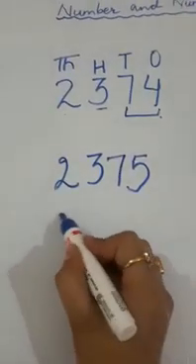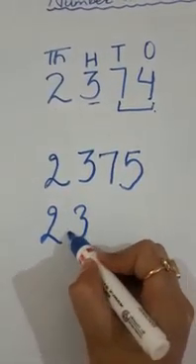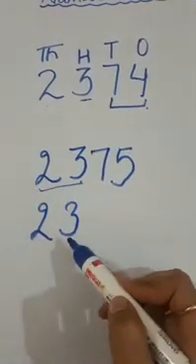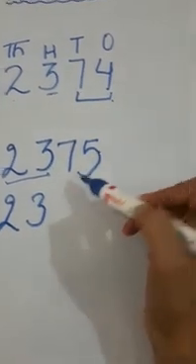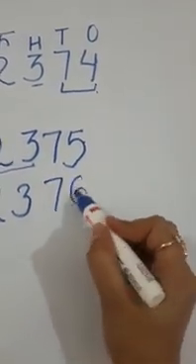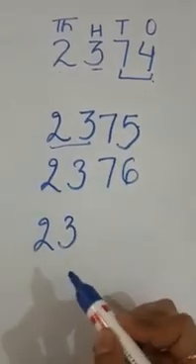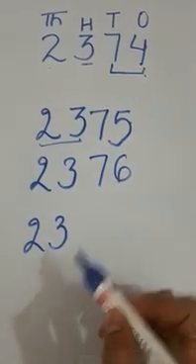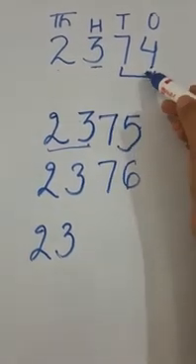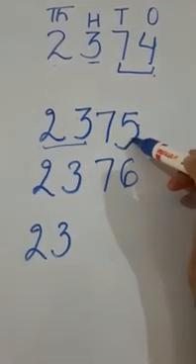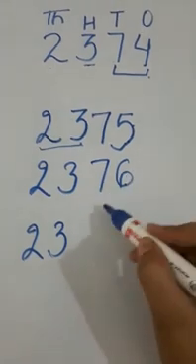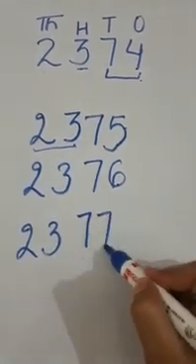Similarly, for the next number, write the initial numbers the same, 23. After 75, what comes? 76. Again, the starting numbers will be the same, 23. After 74 comes 75, after 75, 76, now after 76, 77.